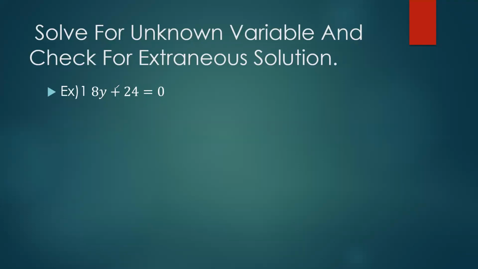First step is to check. This is the left side of the equation. This is the right side of the equation. Before we start moving things around, we have to check if we can simplify the left side or the right side. On the right side, we have 0. There's nothing you can simplify. It's just 0.